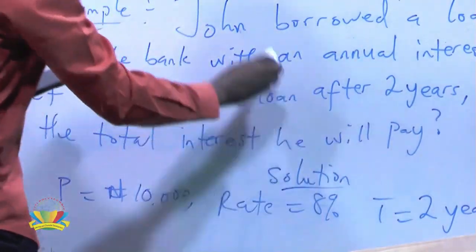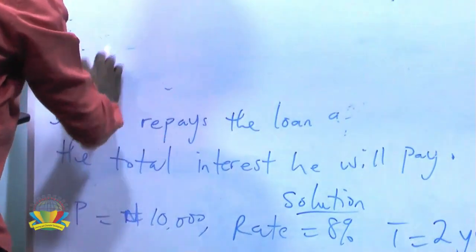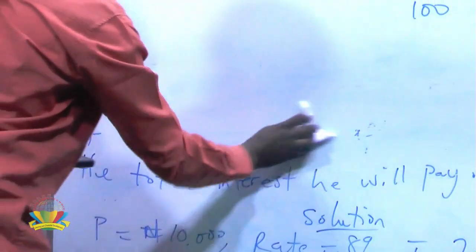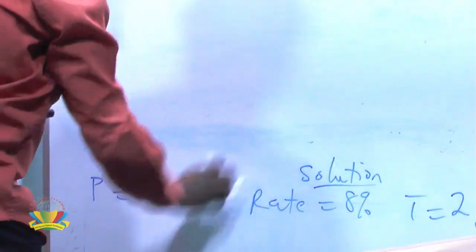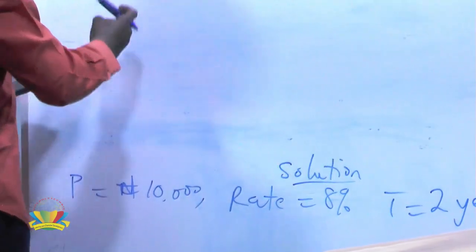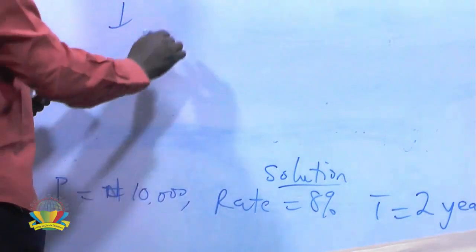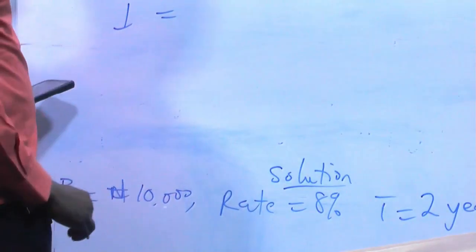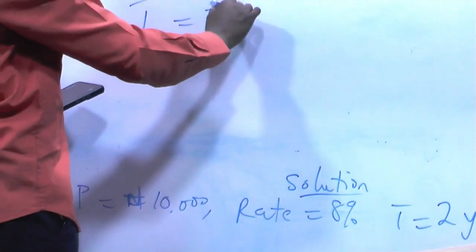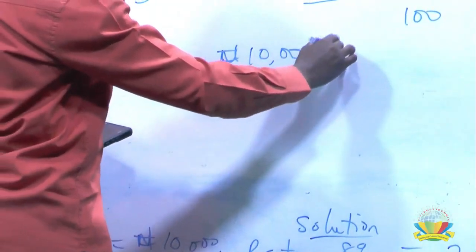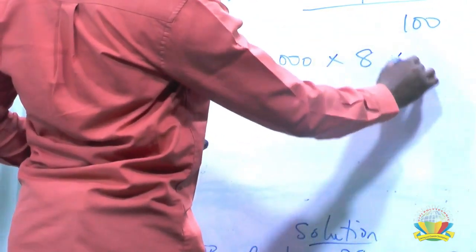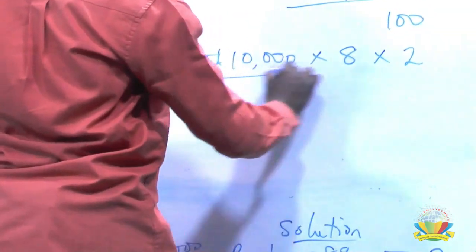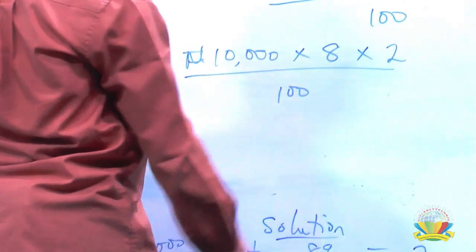Now I will clean this using the formula. Applying this formula, interest equals principal times rate times time, over 100. From that we have interest, which is the money we are looking for. The principal is 10,000 naira times the rate, which is 8%, times time 2 years, all over 100.